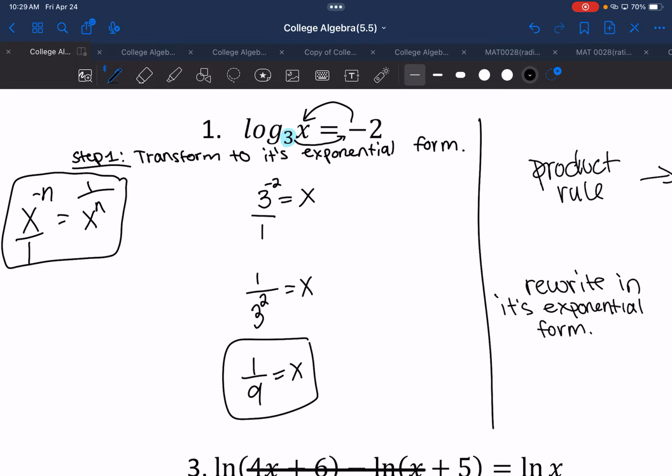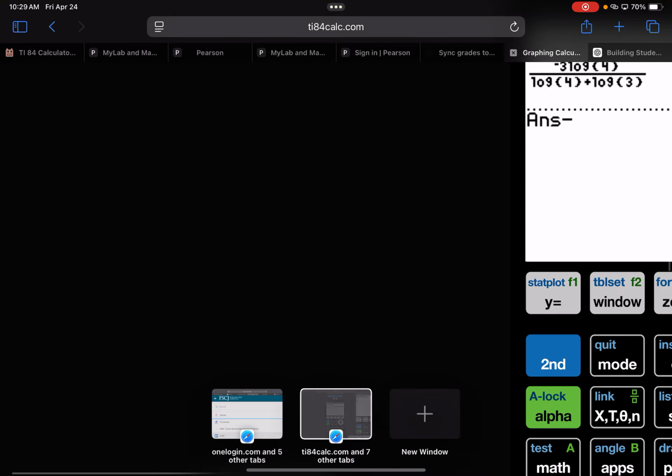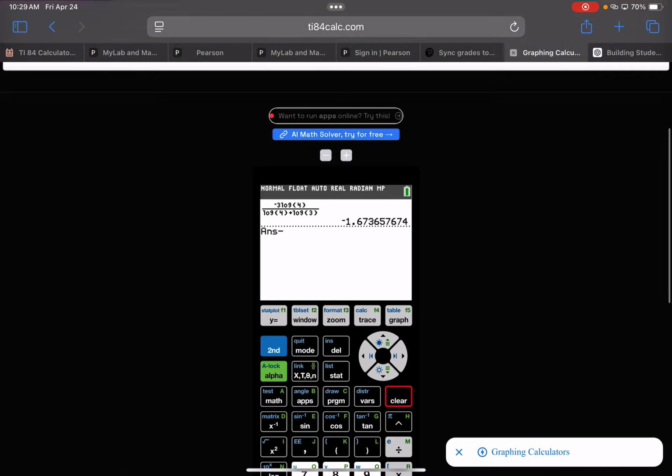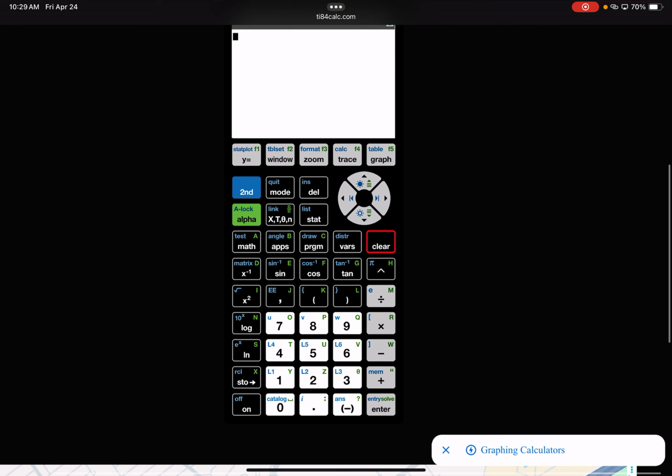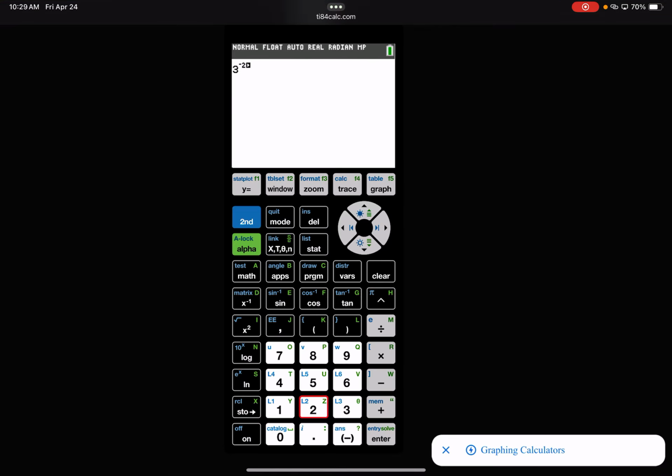Let me do it on my screen too, so the people at home can see what I'm doing. So we're trying to rewrite 3 to the negative 2 power as a fraction. So you type in 3, the up arrow, then negative 2. Make sure you use that negative symbol down there.